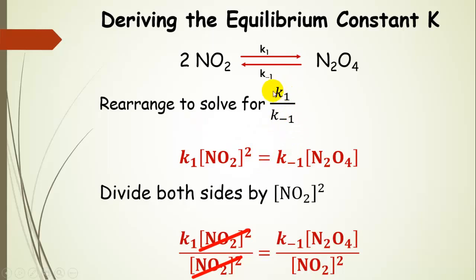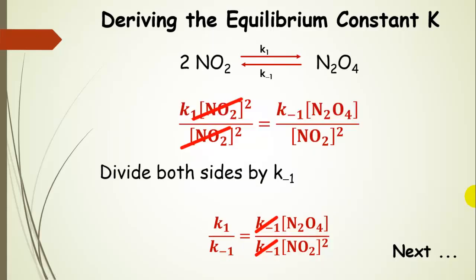Okay, so let's solve for this ratio. I'm going to start by dividing out this term. We're going to divide both sides by nitrogen dioxide to the second power. Once we've done that, we've canceled those out. So now nitrogen dioxide is in the denominator.